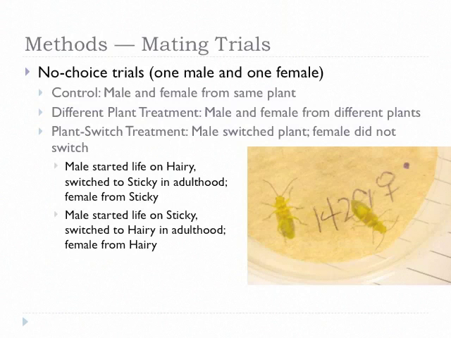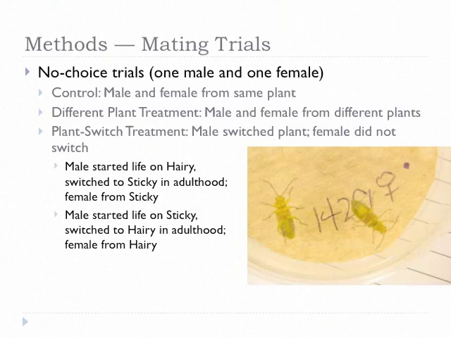So I took males that had started life on one plant, for example Harry, and either when they pupated into adulthood, or if I had collected them as adults, I switched them to the other plant. So if they started on Harry, I switched them to Sticky, and then I presented them with a female who was on Sticky, the plant they had been switched to.